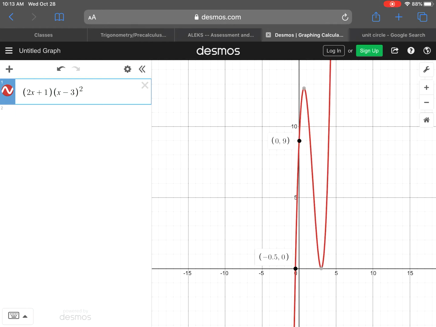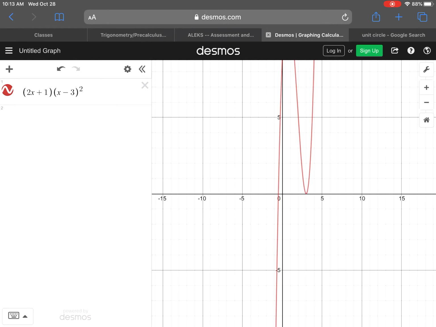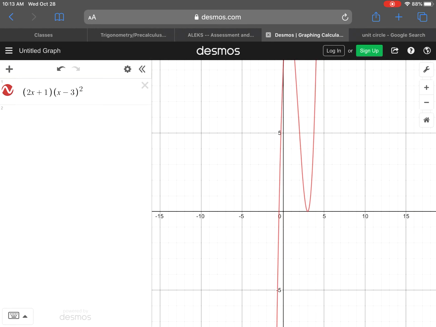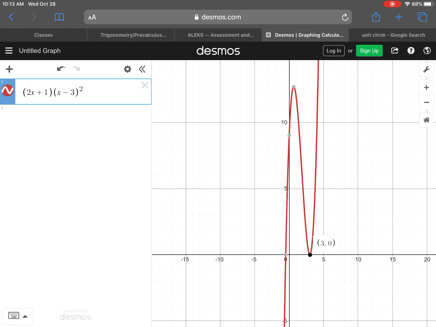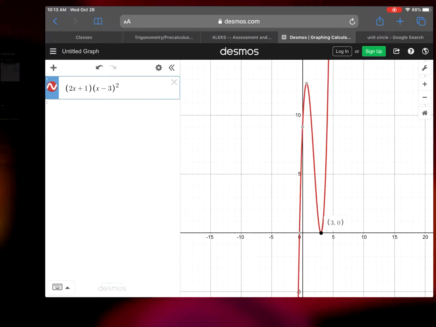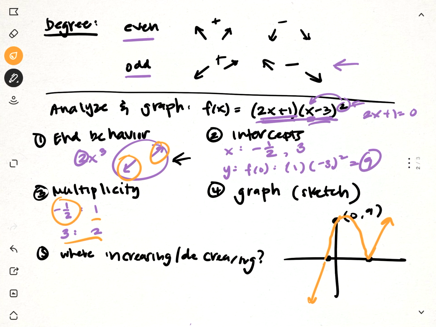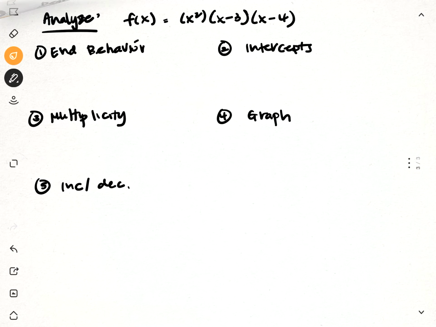We have our x-intercept at -1/2, and it goes through there, right? So the end behavior towards the left-hand side, it's decreasing. And then on the right-hand side, we have 0 at 3, and it does bounce, and then it continues to increase. So what we did was, just given the information from the function, we pieced it together and said this is the general idea of what our graph would look like, and it worked out pretty nicely. Okay, so let's just do one more example of this, and I think that'll be it.